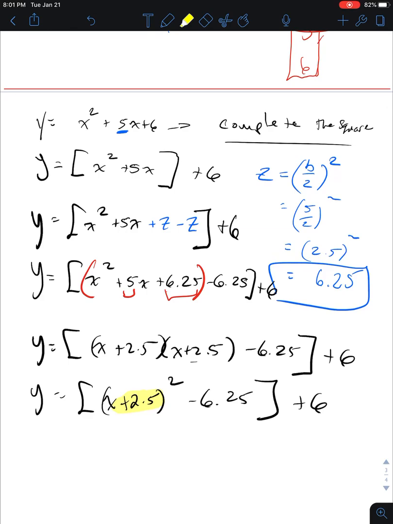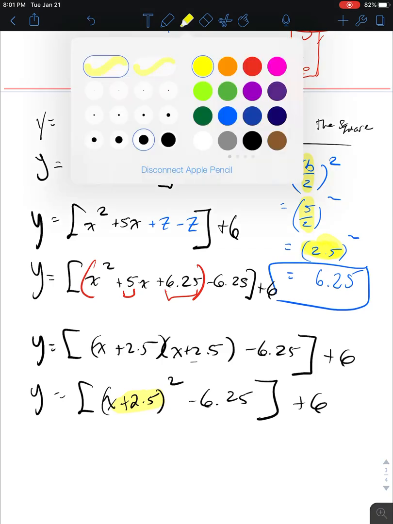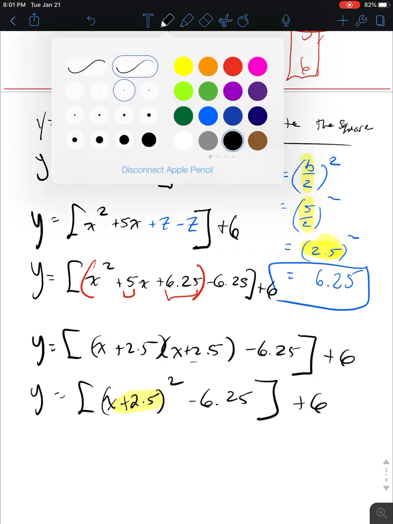There's something special going on here. Do you see where I got the 2.5 from anywhere else on this page? As soon as you divide B by 2, there's your 2.5, before you square it.